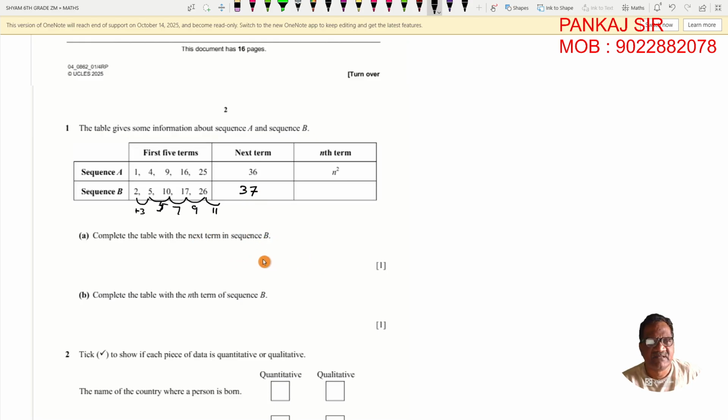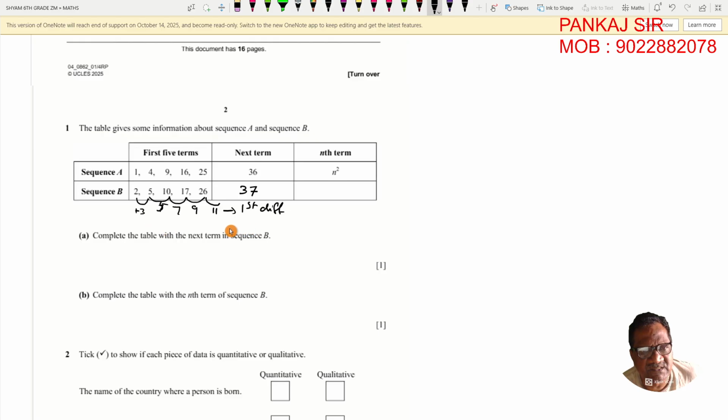Part B is to complete the table with the nth term of sequence B. Now you have to find the nth term, so we have to see what pattern is being followed. The first term is 2, then we add 3, 5, 7. Can you see that the difference is not common? This is known as the first difference, and you are not getting a constant.